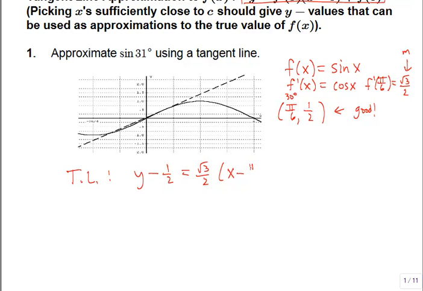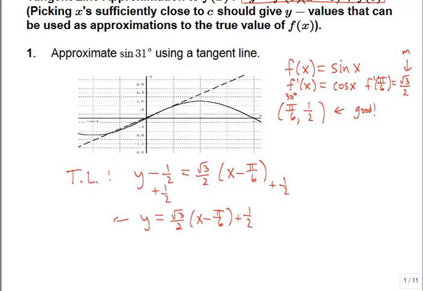And I'm going to use again that radian value, pi over 6, instead of the degrees because it works better for our derivative rules. So when I add this 1/2 over to the other side, we get y equals square root of 3 over 2 times x minus pi over 6 plus a half. Now you could certainly distribute if you want to, but I'm not going to bother right now.